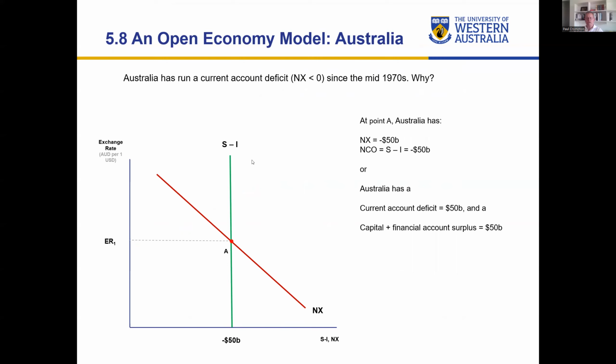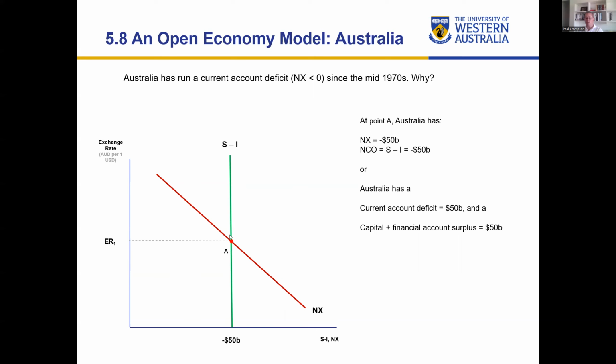If we had the S minus I line $10 billion further to the right, then the current account deficit would be minus 40 billion. And if we had S minus I $10 billion further to the left, the current account deficit would be 60 billion. The only way we can have net exports and therefore the current account balance being a deficit of 50 billion is if that vertical line is there.